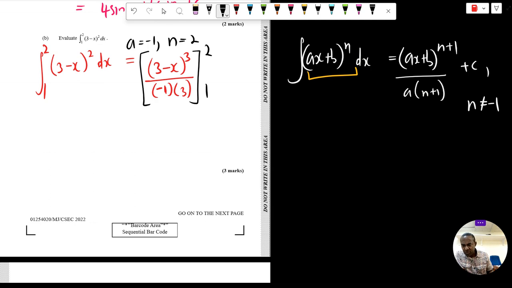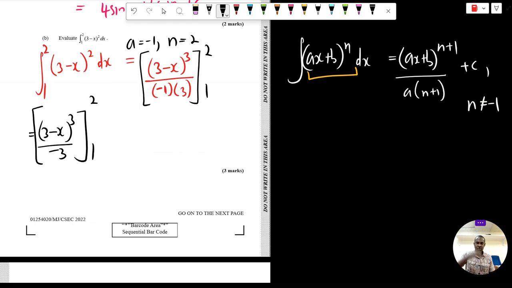And so basically what this becomes is (3 minus x) cubed over minus 3 to be evaluated between 2 and 1. All right? So what does this give us? Let's just keep the minus anyways. If we substitute x equals 2, then basically this becomes (3 minus 2) cubed over minus 3, and then we subtract.